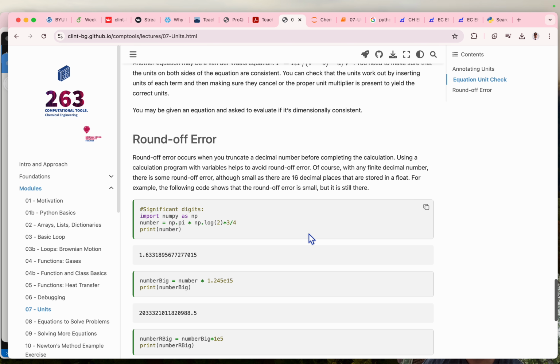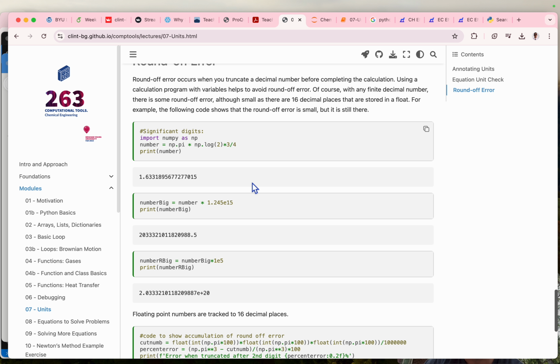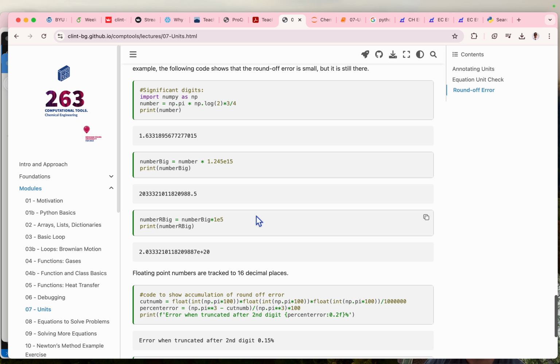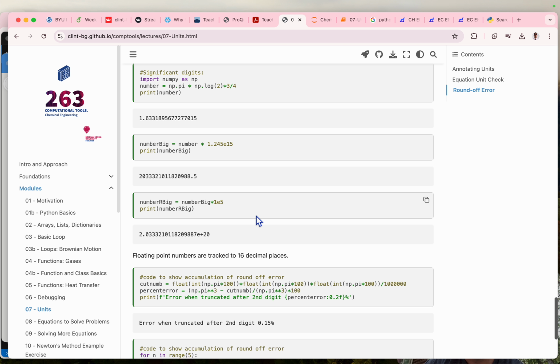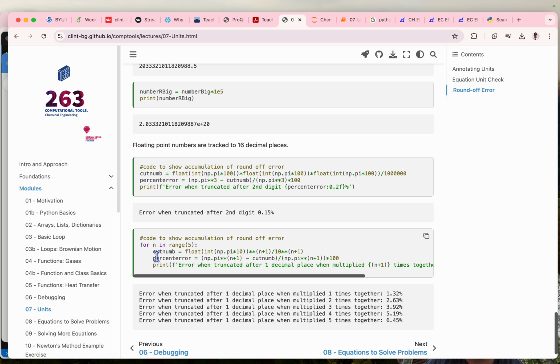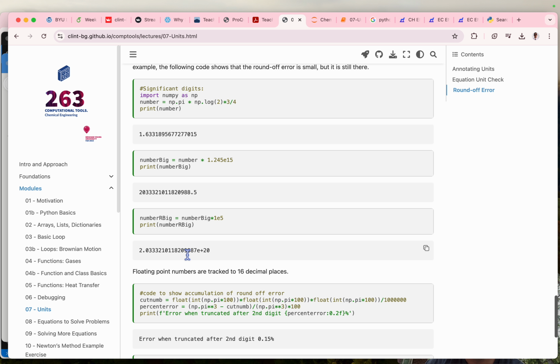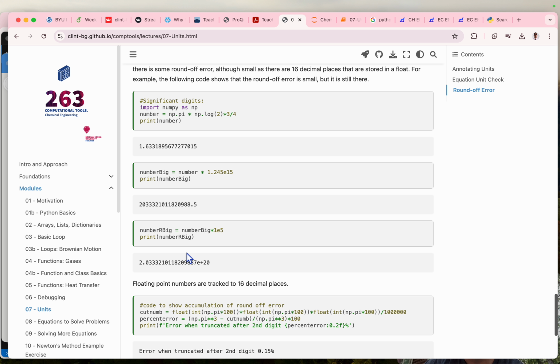And then finally here, round off error. Give an example, but Python tracks 16 decimal places, and so it's a good idea to keep that and not to truncate them. You kind of have to do it like here. If I do this cut number here, I'm actually truncating pi to the first digit. So usually this isn't a problem per se, unless you are entering numbers from your calculator sometimes and putting it in Python.